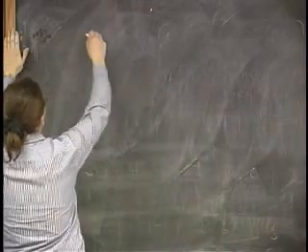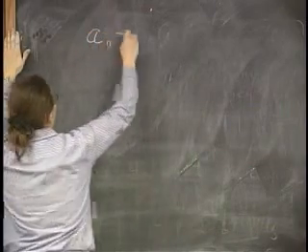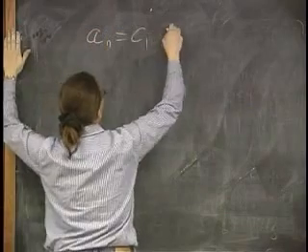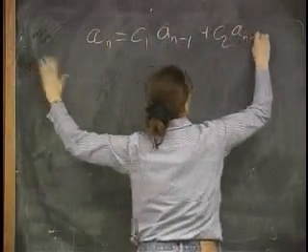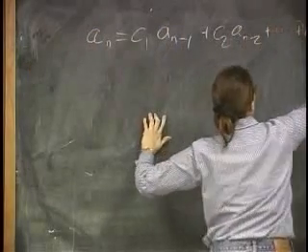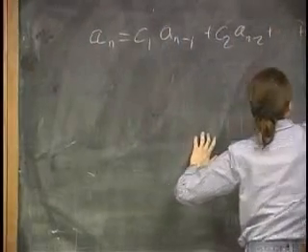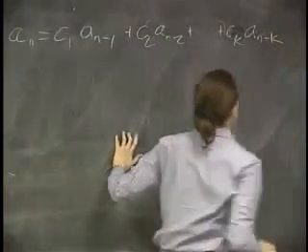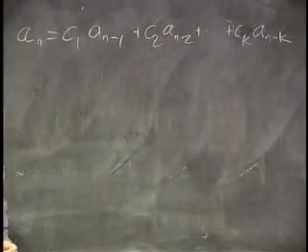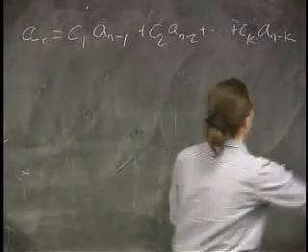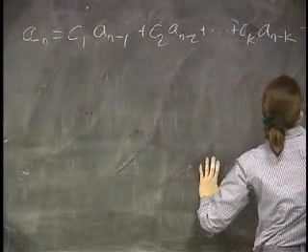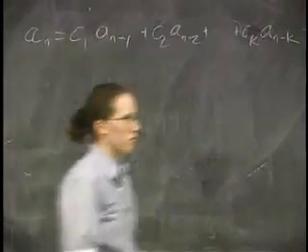Okay, so what's going on with these? These recurrence equations look like this. They look like a sub n is c1 times a sub n minus 1 plus c2 times a sub n minus 2 plus all the way down to ck a sub n minus k. And that part's okay. This we know how to solve mostly from the linear homogeneous stuff. And then we add on some function of n.